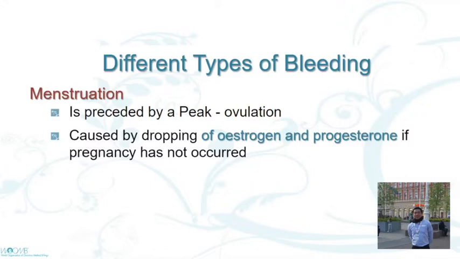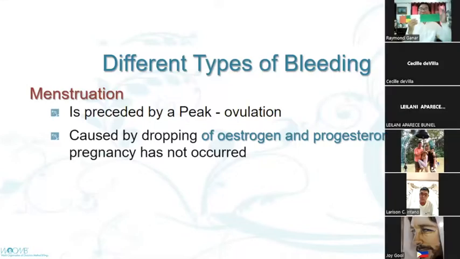If mucus ends with a slippery sensation, it means there is a peak day. If there is a peak day, then there is an ovulation. Take note of that. And menstruation will only commence when the hormones estrogen and progesterone gradually drop. It will drop 11 to 16 days after the peak day.